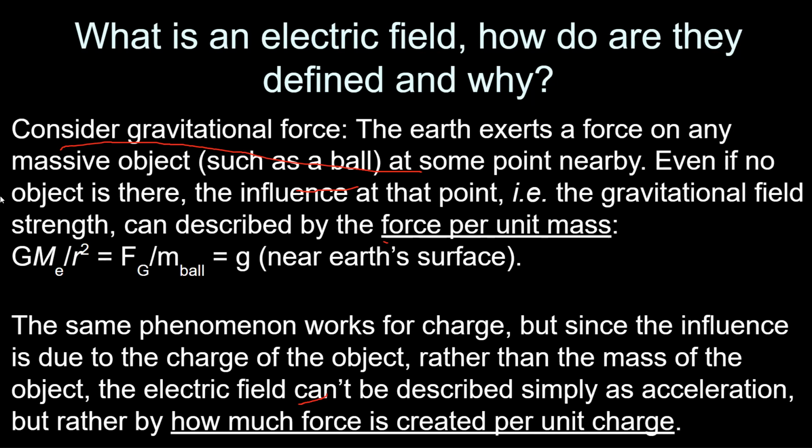Even though it's not a specific force, it gives you an idea how objects behave when subjected to gravitation. Even if you are not actually dropping an object, you still know that objects around Earth accelerate at a rate of 9.8 meters per second squared.